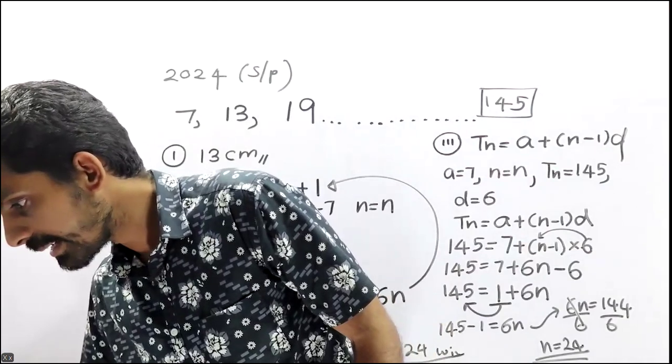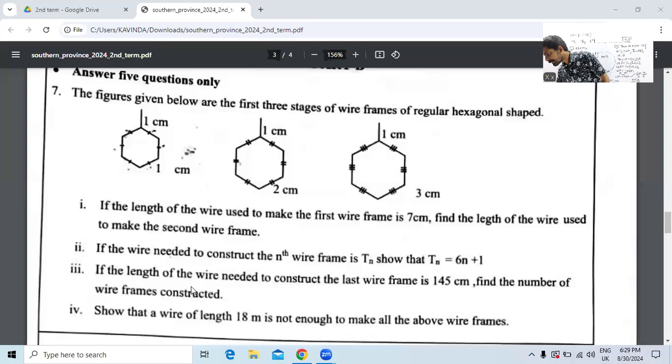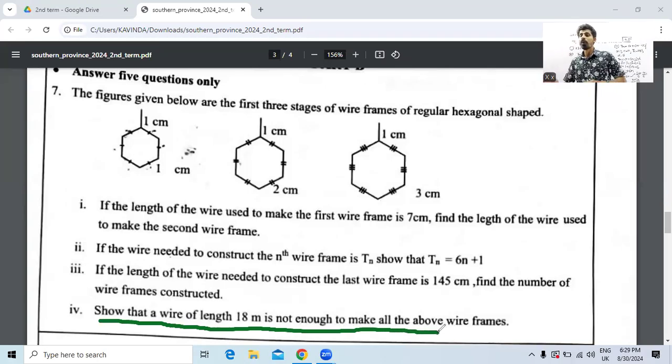Last one. Look at the last one. Show that a wire of length 18 meters is not enough to make all the above wire frames. I'm going to clear the first and second parts.